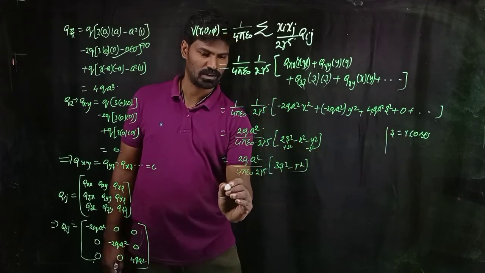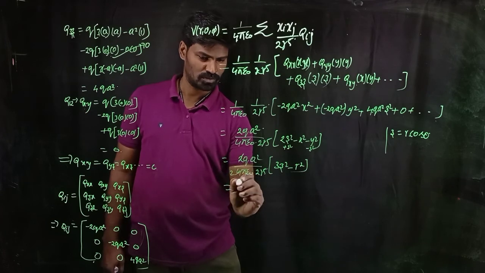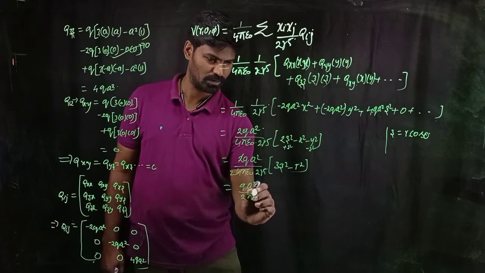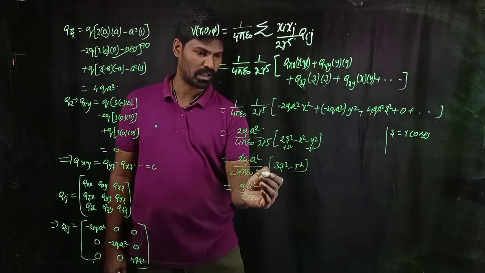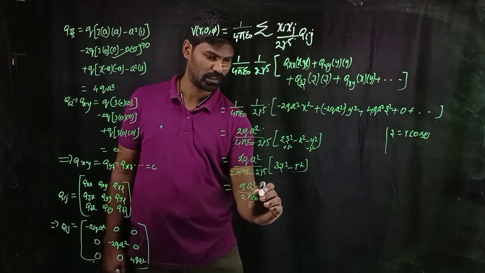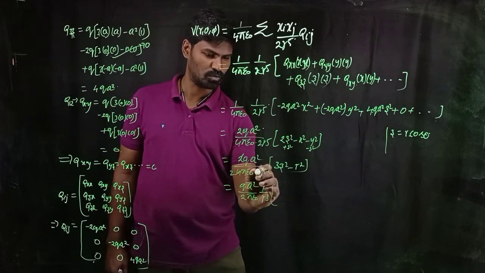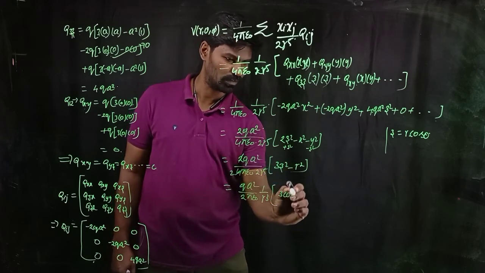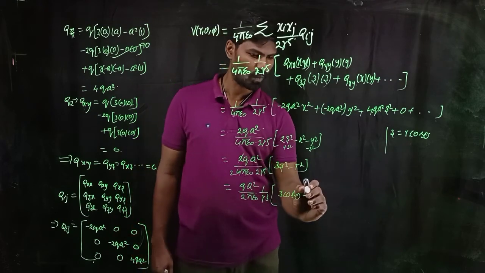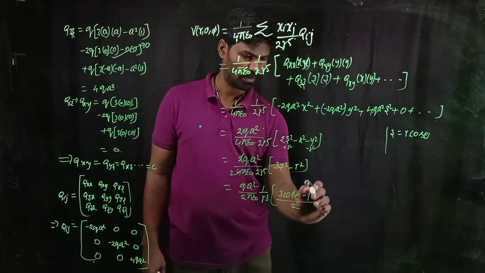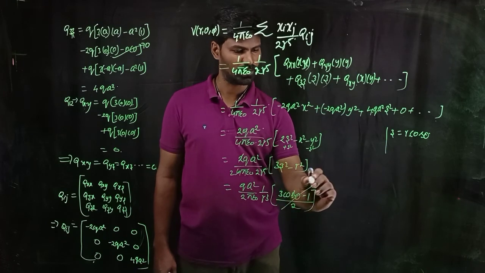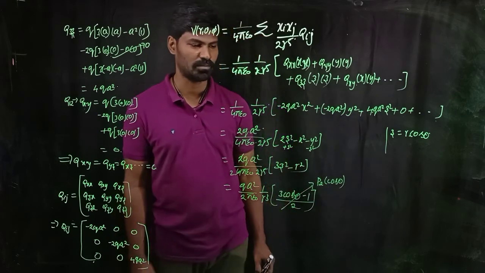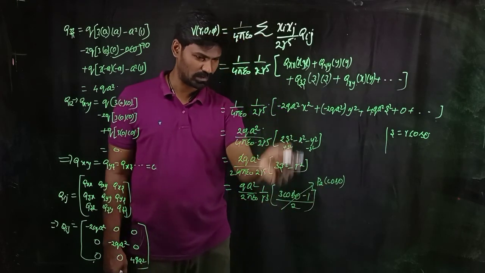So q a square divided by 2 pi epsilon naught into, in this r square I am pulling outside, r power 5 gets cancelled, because of which you can write it as 1 by r cube, and this 2 I am taking into this one, because of which you will be getting 3 cos square theta minus 1 divided by 2. Why did I write it like this? Because this whole term is nothing but P2 of cos theta, the second term of the Legendre polynomials. Am I right? So for writing that only, I did all this manipulation.